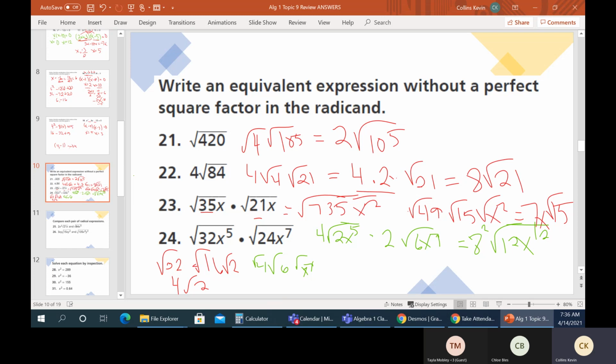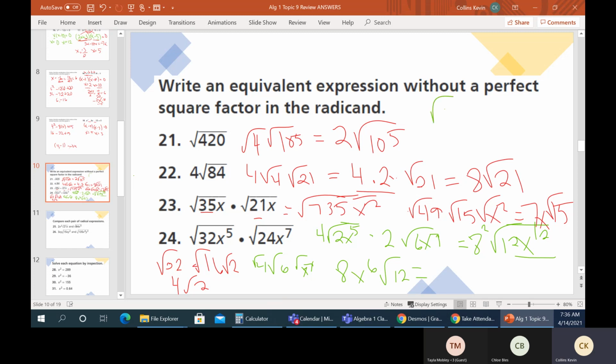Okay. So what we can do is we say, okay, 2 goes into 12 6 times. So then we'd have 8 x to the 6th times the square root of 12. All right, we're getting close, but square root of 12 we can actually divide by 4, right?